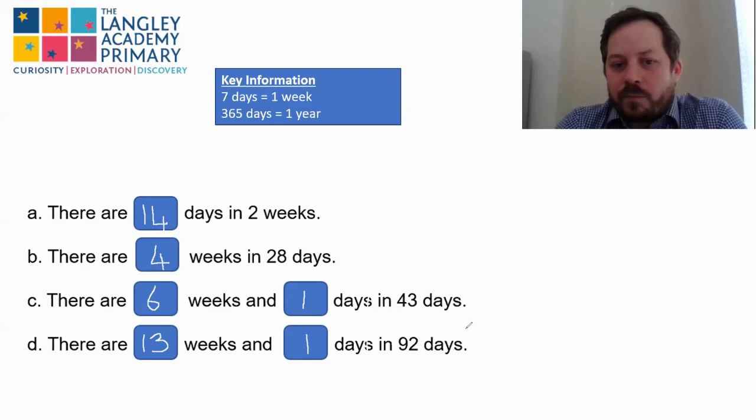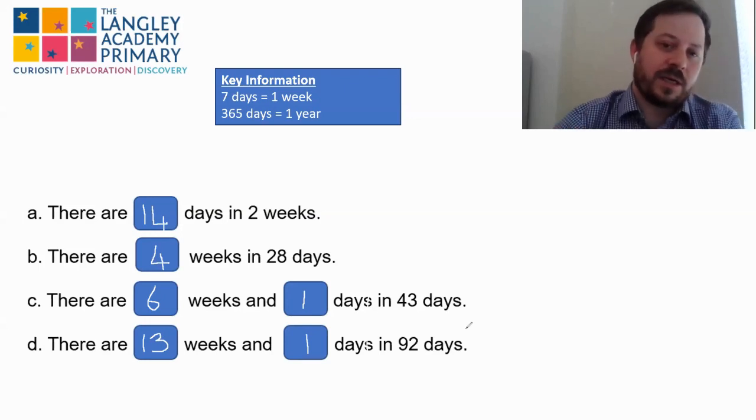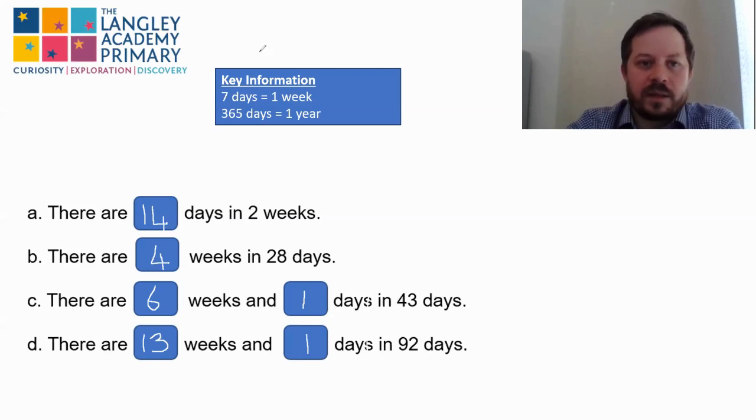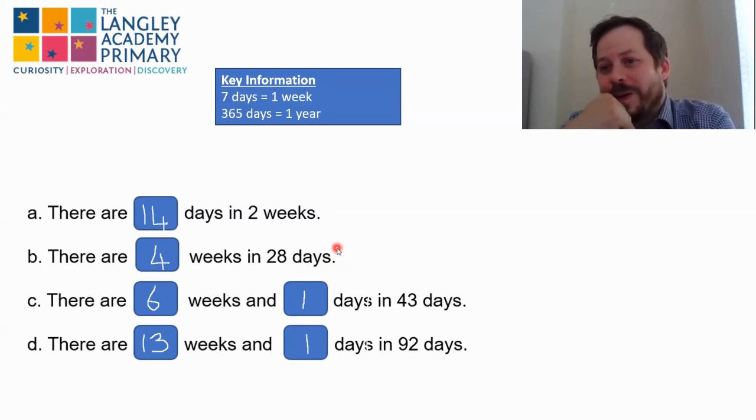One other thing we can note at this stage is why I haven't given you any other key information than 7 days equals 1 week and 365 days equals a year. And that's because it isn't perfect otherwise. We've said here, if we look at this question B, we can see that 4 weeks are 28 days.